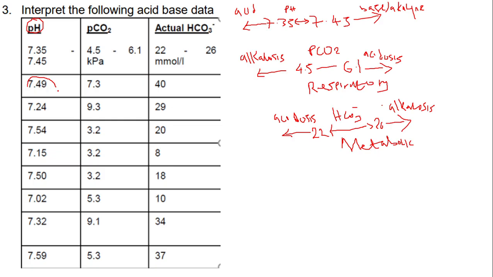Then you go to this one, the partial pressure for carbon dioxide, right? It is 7.3. So 7.3 is here, so it's acidosis. The pH is more than normal so it says alkalosis, but this side is showing acidosis. So this diagnosis will be invalid.